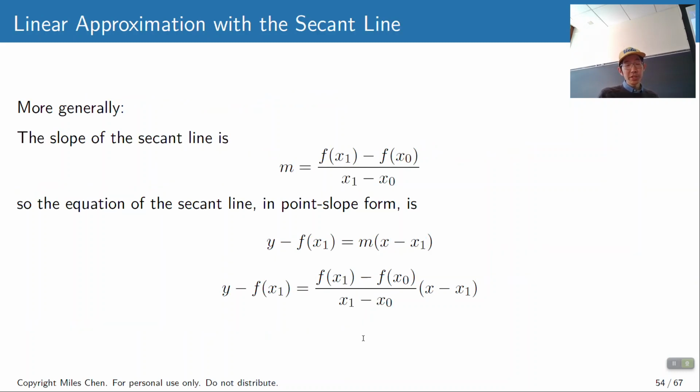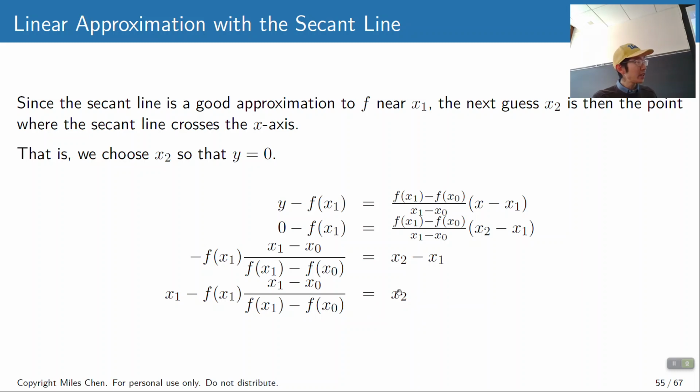So in general, this is the math to get there, but I'm going to skip through it. The next iteration is x at time 2. You need 2 starting points, x at time 0 and x at time 1. Your next value is your current value, x at time 1, minus f of x at time 1, multiplied by the inverse of the slope.